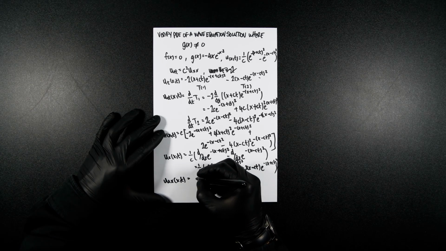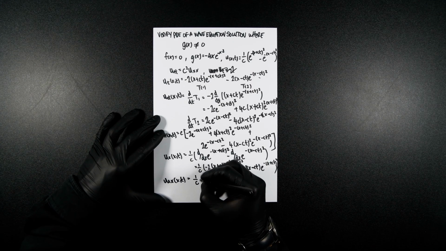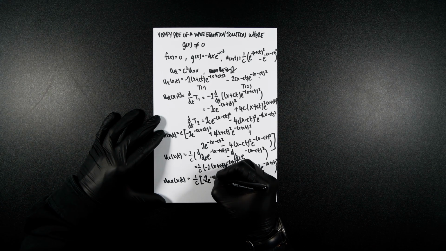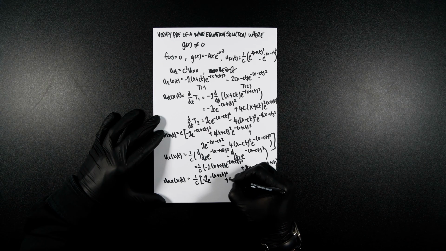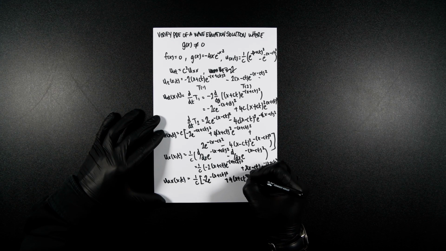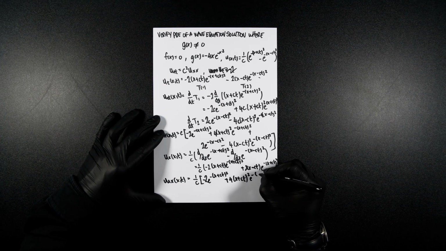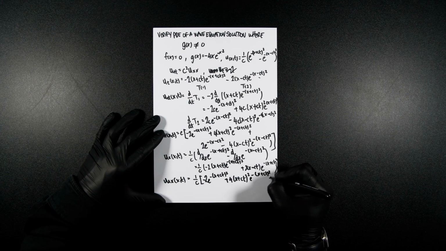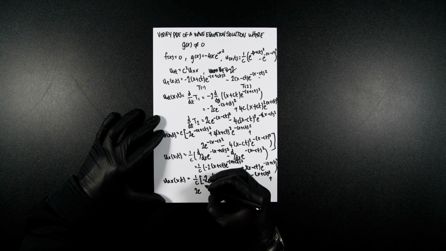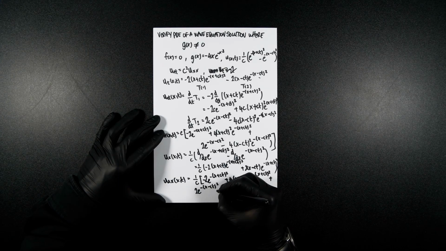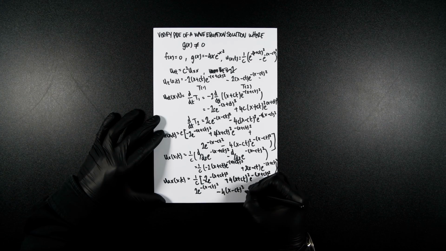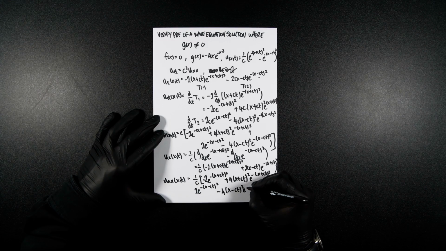So it's going to be 1 over c times minus 2e to the minus (x plus ct) squared plus 4(x plus ct) all squared e to the minus (x plus ct) all squared, plus 2e to the minus (x minus ct) all squared minus 4(x minus ct) all squared e to the minus (x minus ct) all squared.